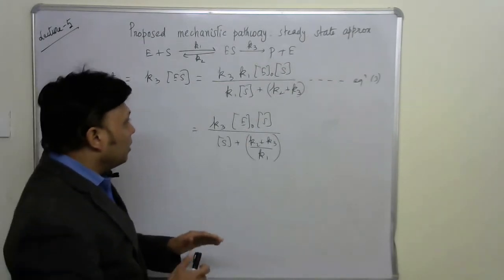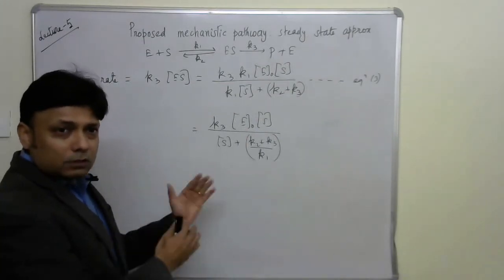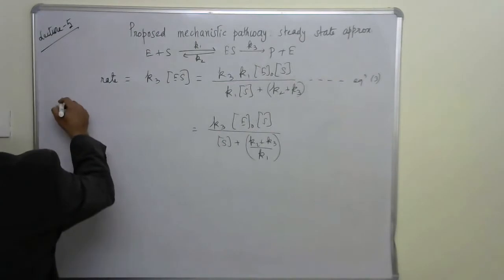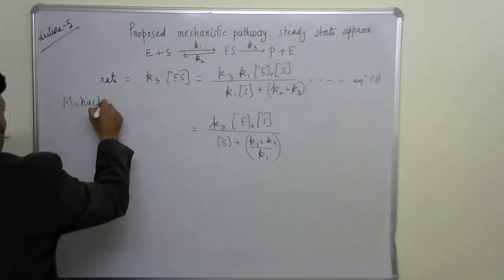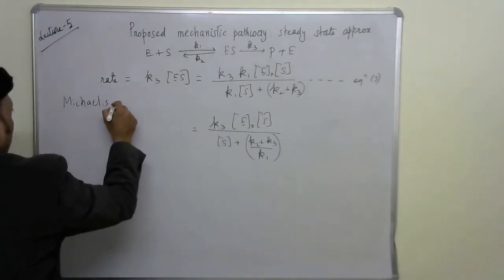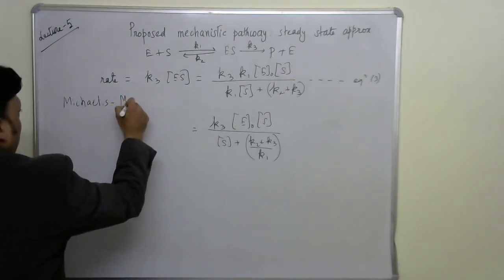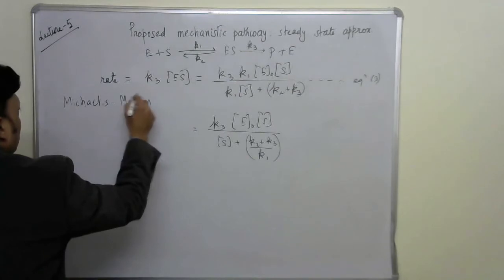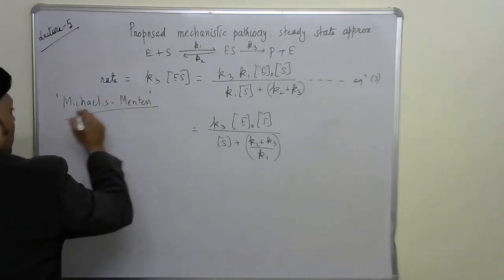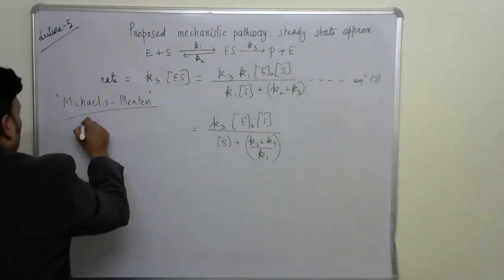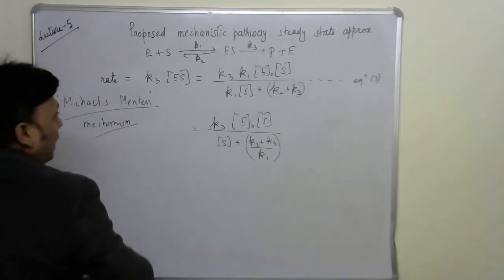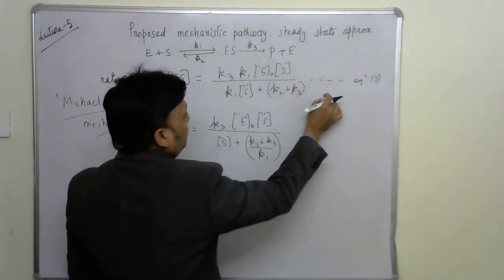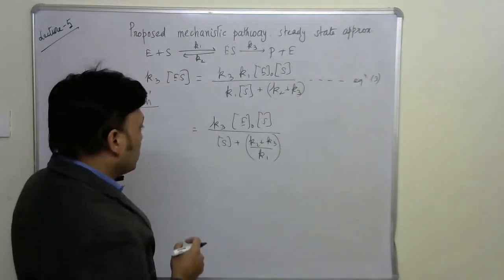The people who derived this mechanism are a group of two persons, Michaelis and Menten. So together this mechanism is called the Michaelis-Menten mechanism of enzyme catalysis, and this equation is called the Michaelis-Menten equation.